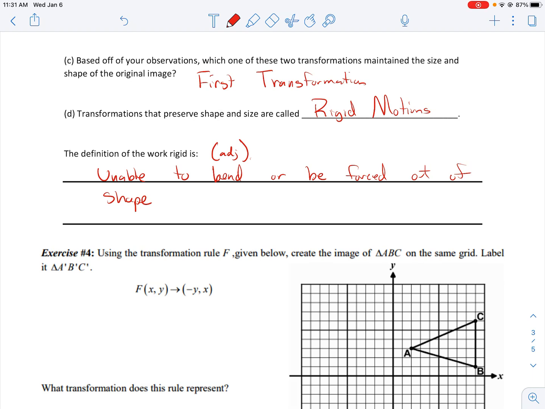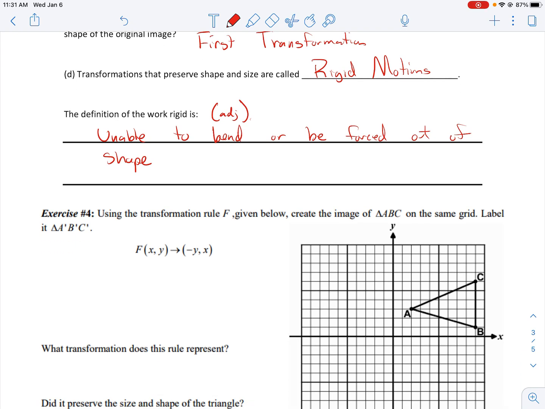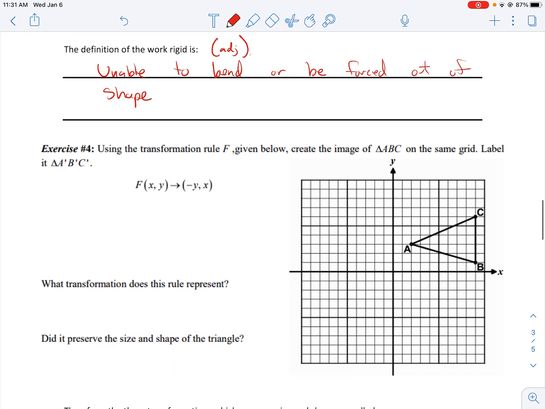So if you put it in context of these transformations, what it is saying is that it does not change the shape or size. It preserves that particular shape. In this case, we were preserving the shape of a triangle, but just in that first transformation. In the next one, we shrunk the size of our x values by dividing by 2, so we're multiplying by a half, so we cut our x values in half, and that ultimately made our triangle smaller.